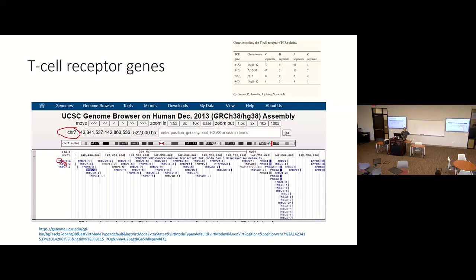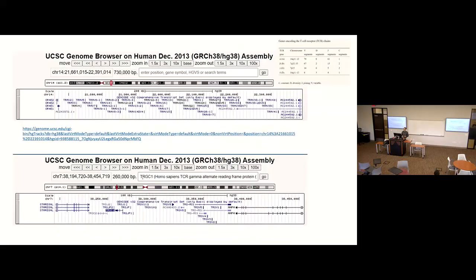So your T cell receptor will pick one of them at random to express on its surface. Change to another T cell, you may have this version rather than that. So every time you have a different combination.